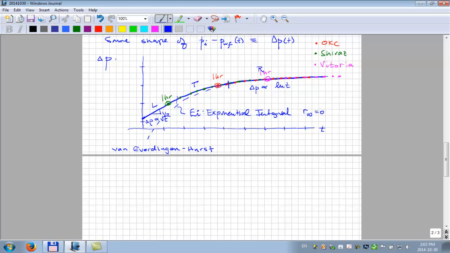Okay? And how can we represent everything on one curve? I'll tell you how. Because when we take our data, we don't plot delta P and T. We plot delta P times the following.